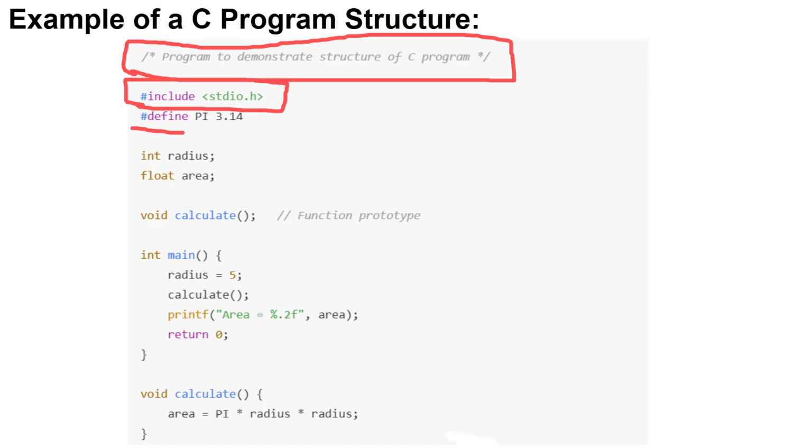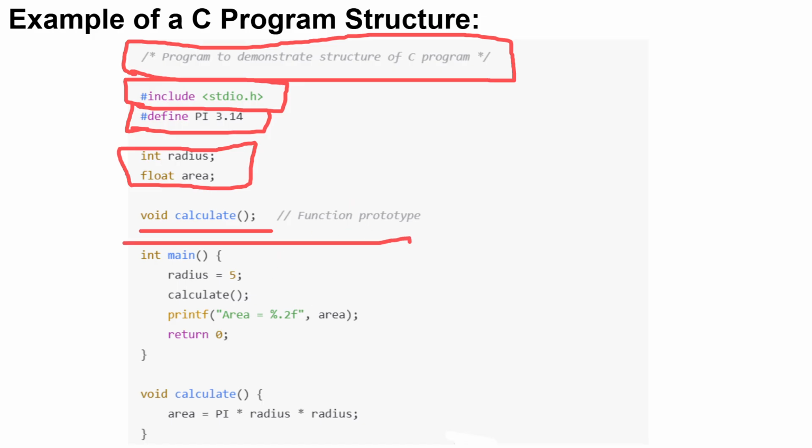Then we have a definition section where we are defining the pi value here. Then I already said it is our global variables. Okay, in the global declaration we have radius as a global variable, area as a global variable, and we are defining a function prototype which is nothing but calculate, which is a void type.